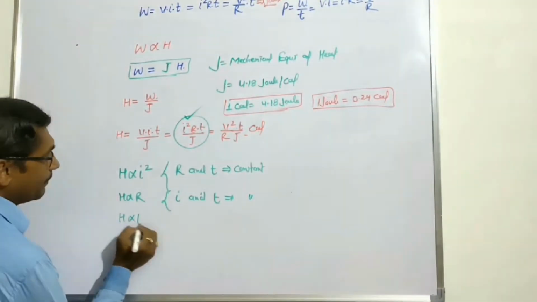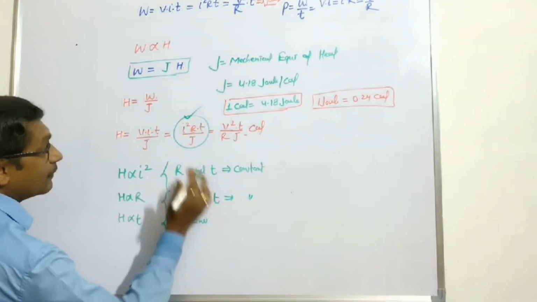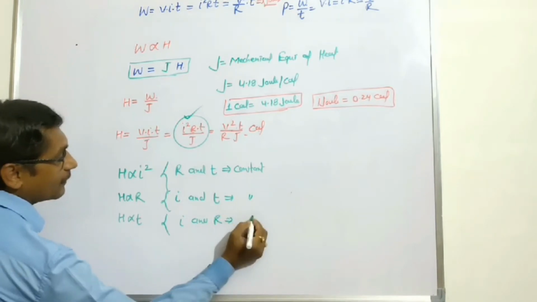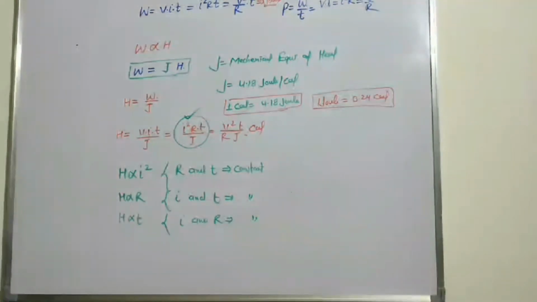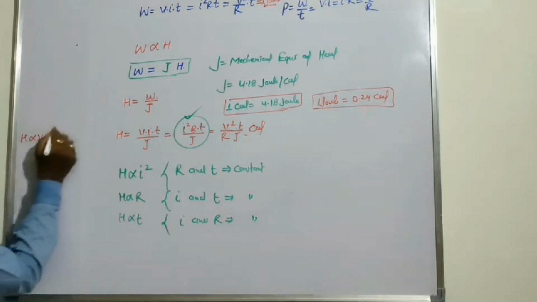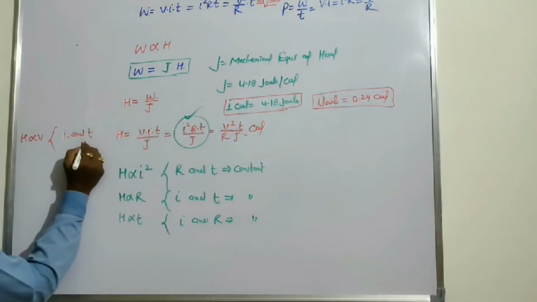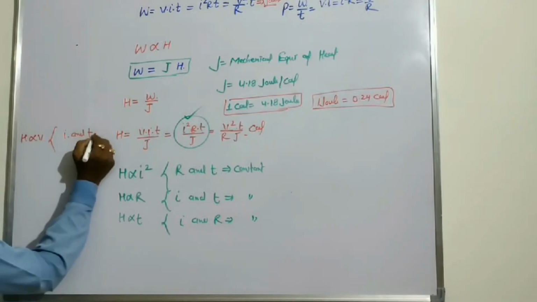H is directly proportional to T when I and R are constant. Similarly, H is directly proportional to V when I and T are constant.